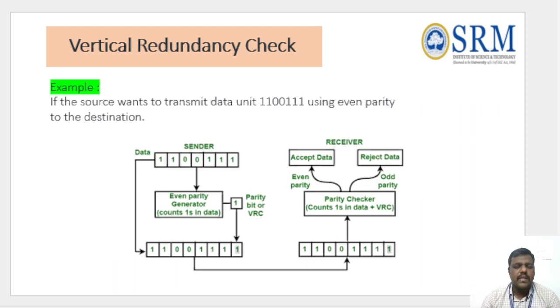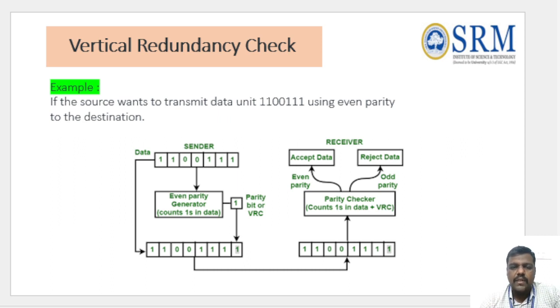Okay, so here is another example of how we'll process our vertical redundancy check. The example is, if the source wants to transmit data unit 1100111 using an even parity to the destination. There we have the data bits, and this even parity generator will count the number of ones in the data.